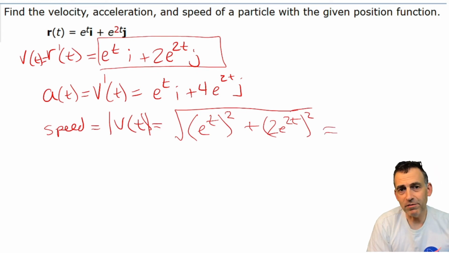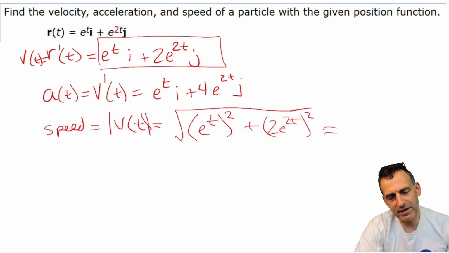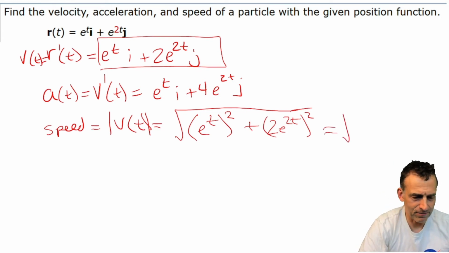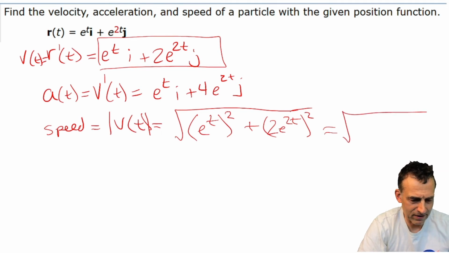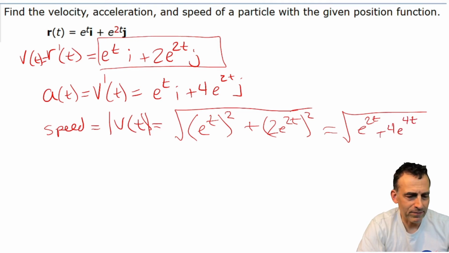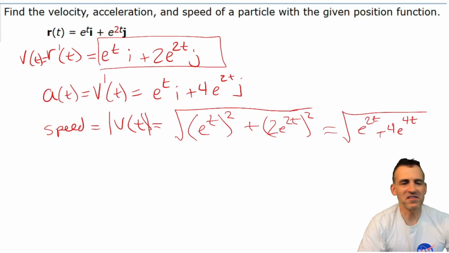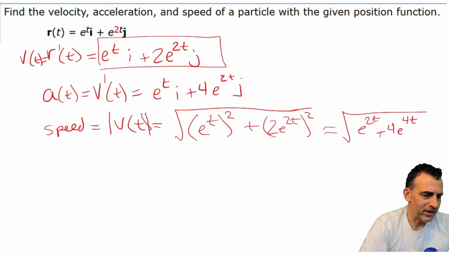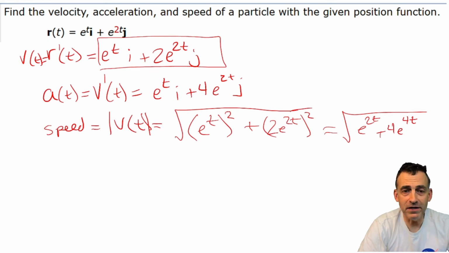This can be simplified some, but not much. So we're kind of stuck with e to the 2t plus 4e to the 4t is what you end up with. Like I said, you could factor out some stuff, but not much. So anyway, there's velocity, acceleration, and speed.